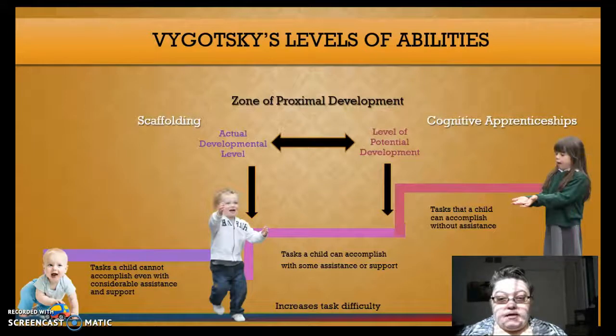In this zone of proximal development is where the child's actual accomplishments are made with support or without support. As you can see at the bottom of the screen, I've placed an arrow indicating where a task is difficult.